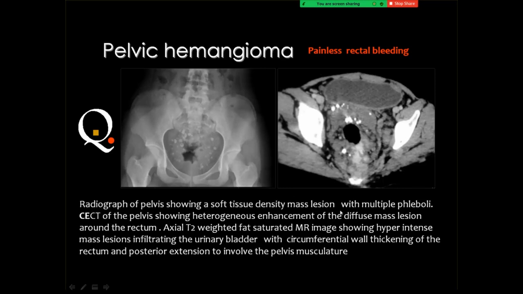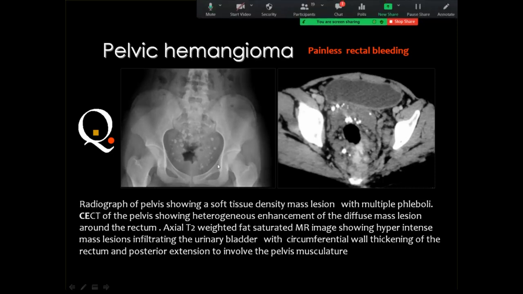Then naturally this is the second case, and you can see the answer projected by mistake. You know that the presence of some pelvic phleboliths is a well-known finding in everyday practice, but whenever the phleboliths are extensive, as you can see in this particular case, then you think of a hemangioma in the pelvis.